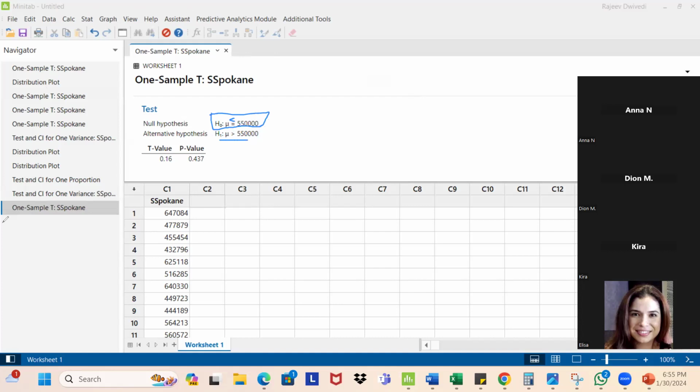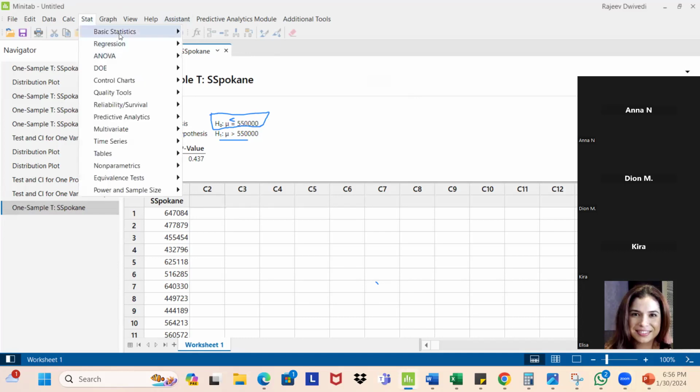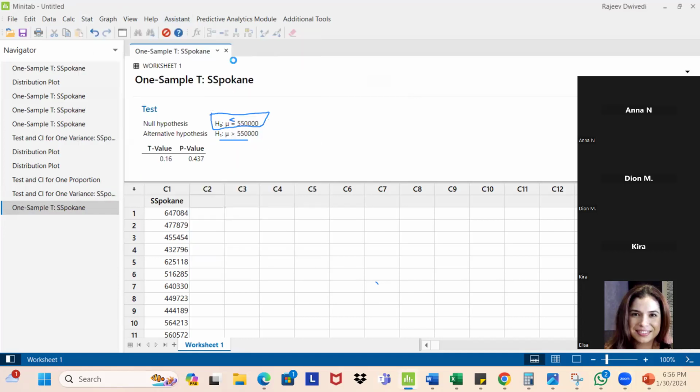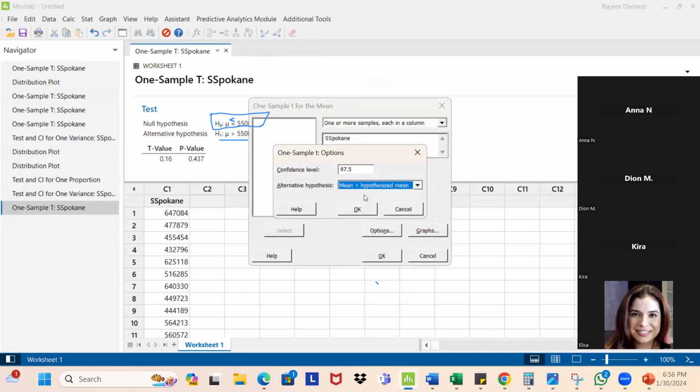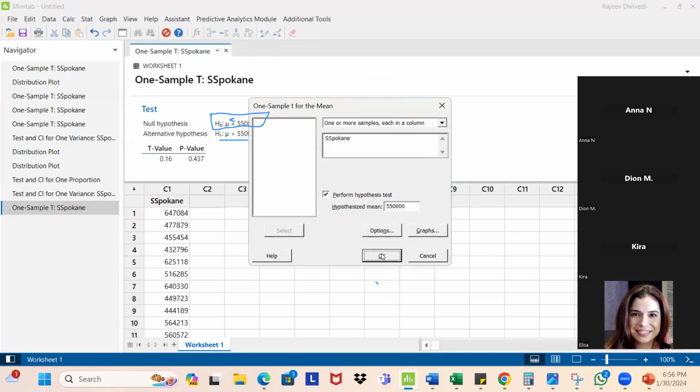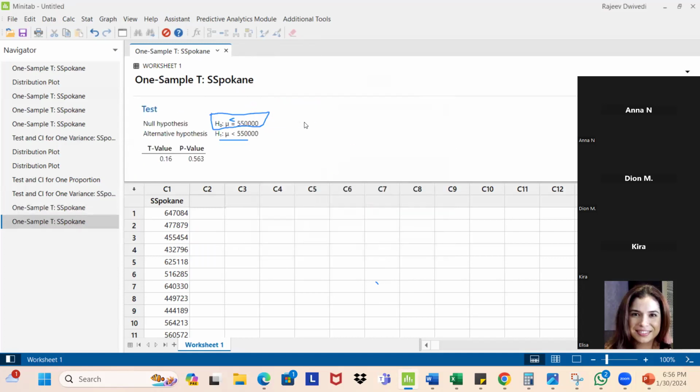Similarly, if you look into the second option, statistics, basic, one sample, and now we do the third one.